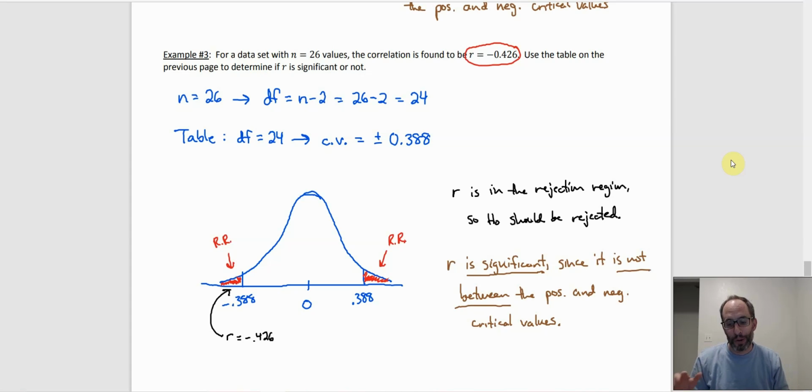Either your sample correlation is in the rejection region, and in that case, it is significant since it's not between them, or it's not in the rejection region, in which case it's not significant because it is between them. So those are really the only 2 options that you can have as far as the conclusion goes. So as far as your 4 possible answers that you can pick, there are really only 2. Either it is significant because not between, or not significant because it is between. It's one of those. But that's basically how you do it.